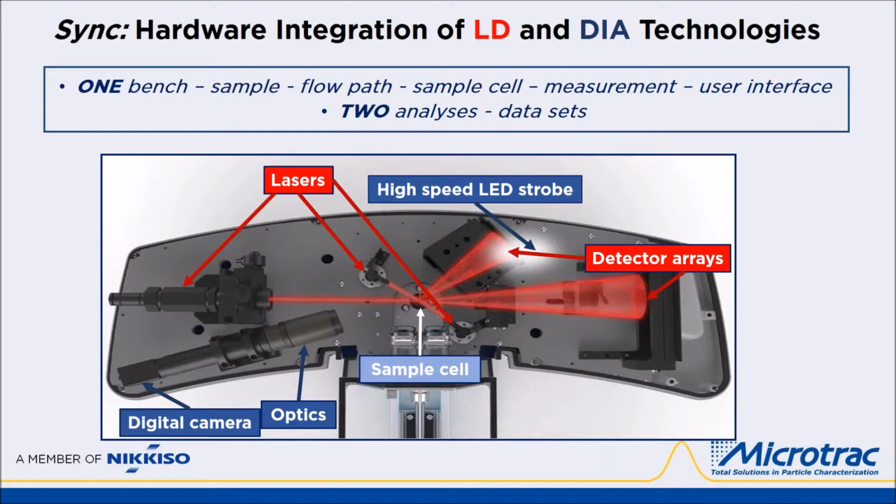Here's the top-down view of the SYNC's hardware integration. One bench, one sample, one flow path, one sample cell, one measurement, one user interface, but 2 analyses and 2 complete data sets.